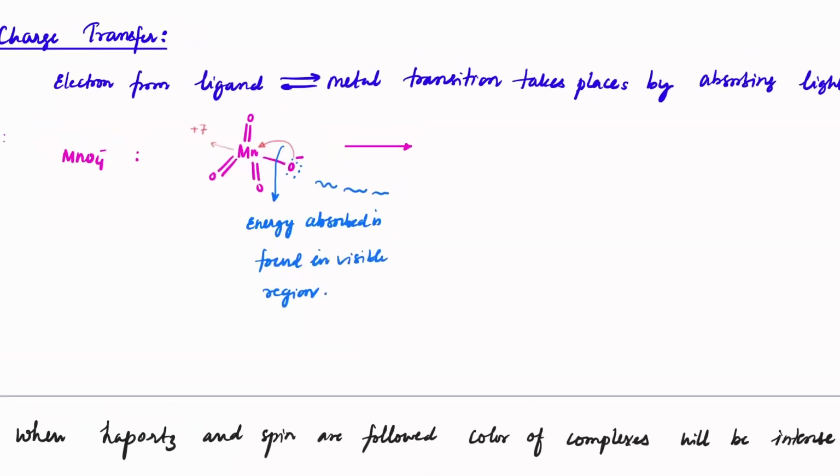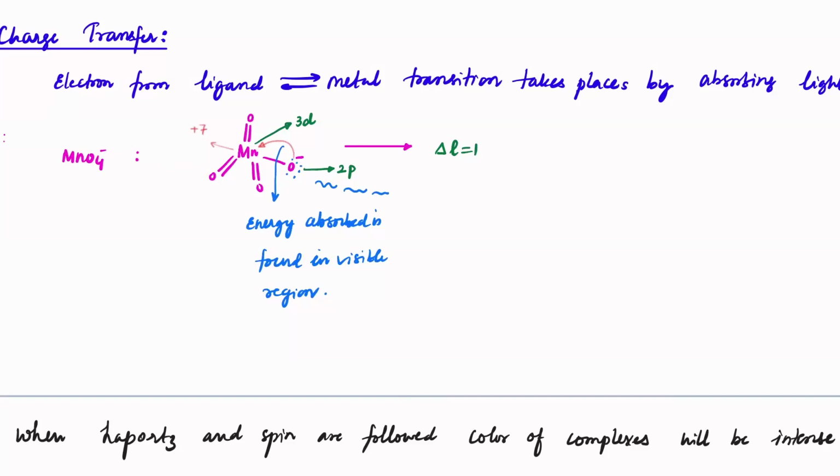Now notice this, everybody. The electrons present in oxygen are in 2p orbitals, and the empty orbitals present in manganese are 3d orbitals. In fact, 3d or 4d, both are empty here. So now the electron is going from 2p to 3d. Delta L value is 1, which means it is Laporte followed.